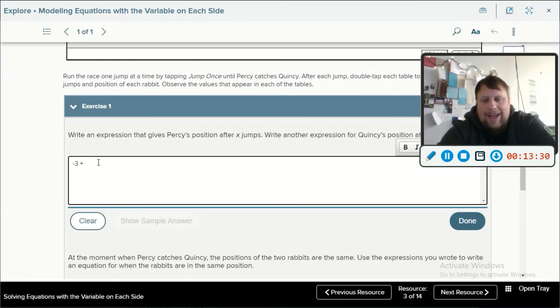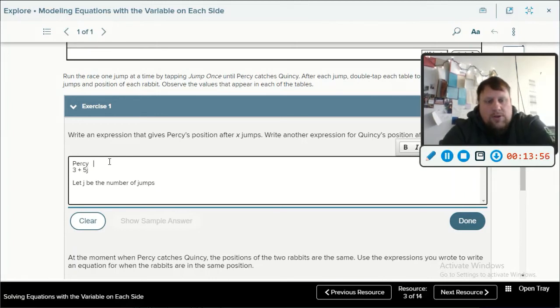But what's he adding every jump? He's adding 5 spaces. Let J be the number of jumps. So we're talking about Percy right here, and Percy goes 5 spaces every jump, so we've got to have J there.